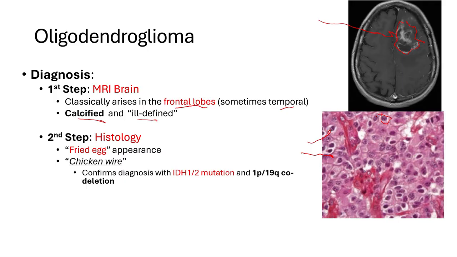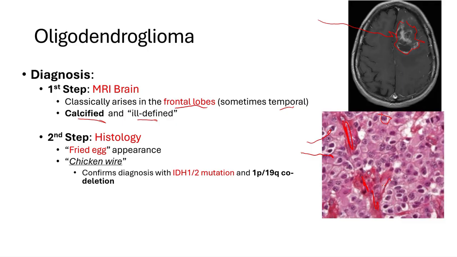This gives off a fried egg-like appearance. You can also typically see chicken wire as well. And that's this area here as well as here. This describes chicken wire. This is confirmed diagnosis with the IDH1 and 2 mutation that we just talked about.